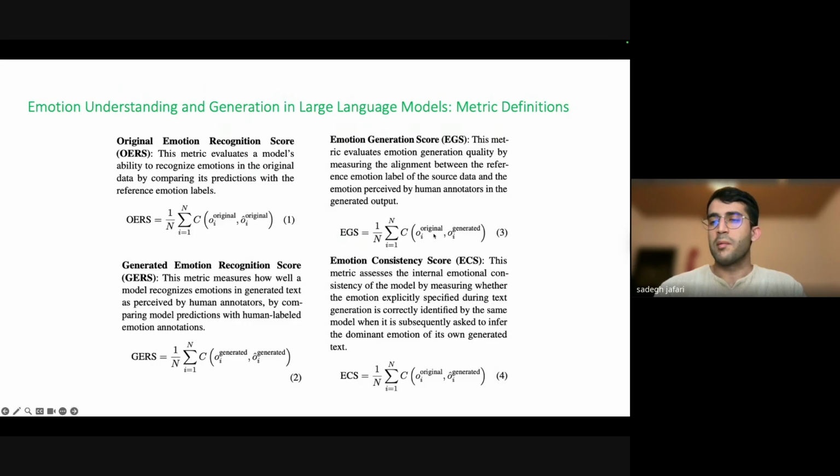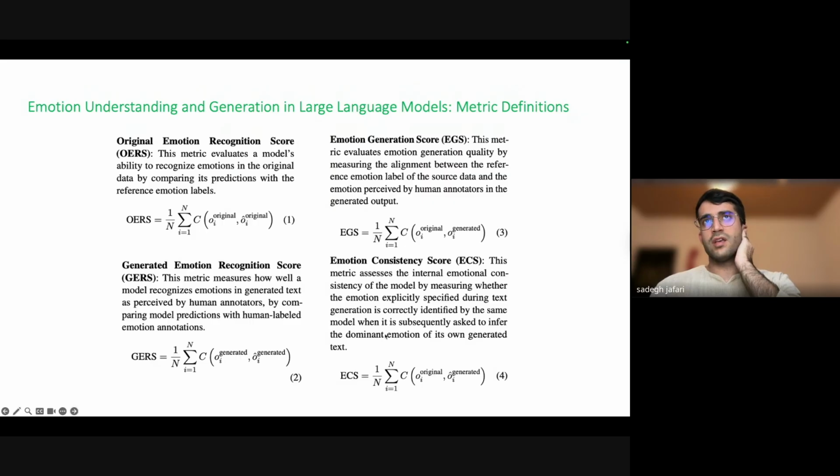It means comparing the original target emotion with the one annotated using the Prolific application. This is for understanding also on generated text, where we compare the predictions of LLMs with the labels that are annotated by people on Prolific.